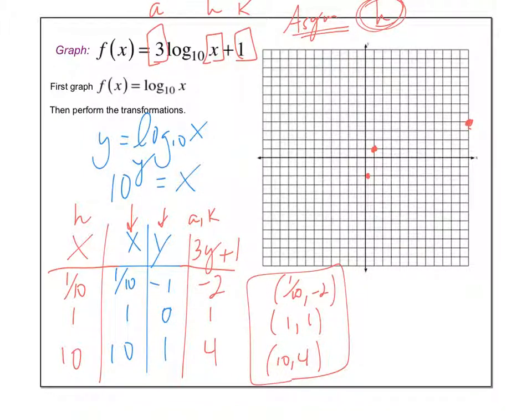But because h is 0 here, it remains the vertical y-axis. If that said x plus 1 and everything in our column got shifted to the left by 1, we would also shift the vertical asymptote 1 unit as well. So our domain and range will be the same for now until we have a horizontal shift.